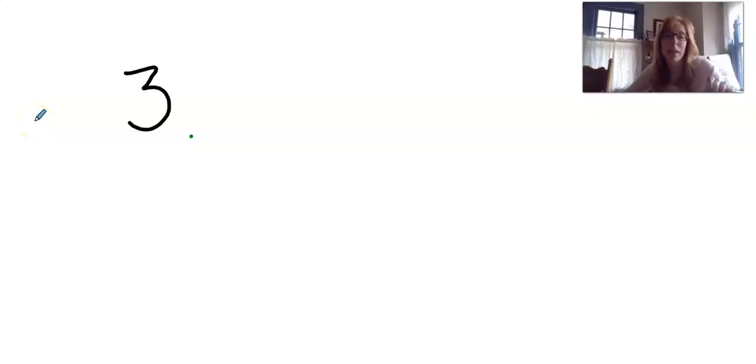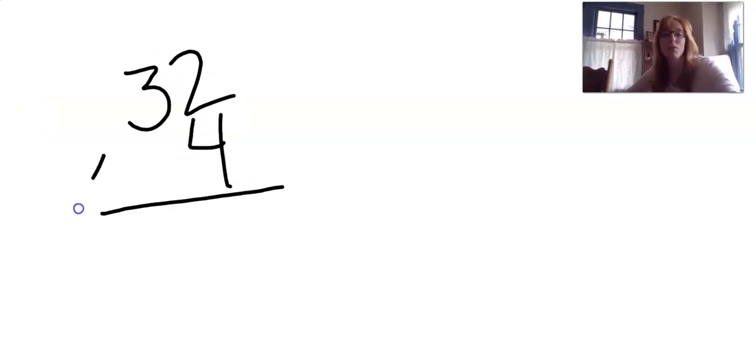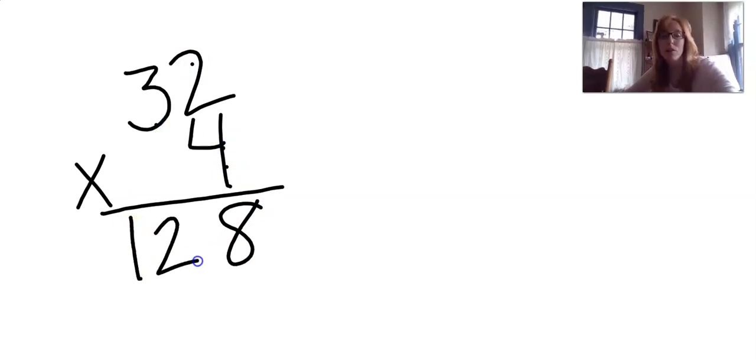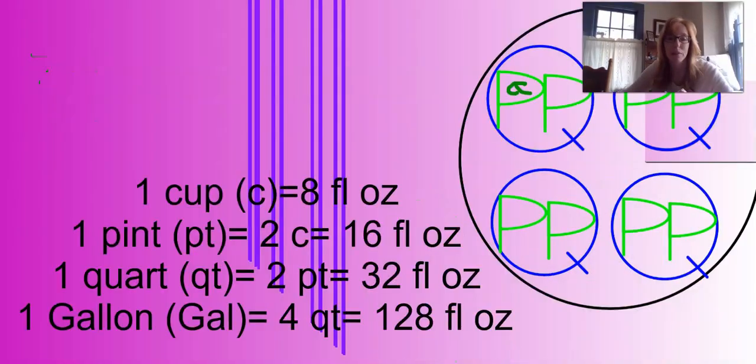Okay, I inserted a blank page. So 32, if I could get it to work this time, 32 times 4. So we do 4 times 2 is, hopefully you got 8. And then 4 times 3 is 12. So you can see, if I go back, where they got their 128.